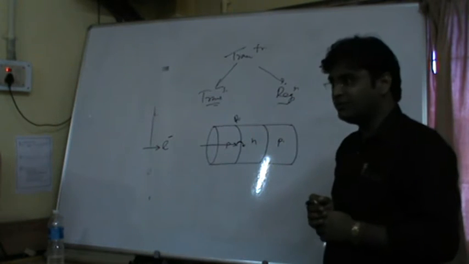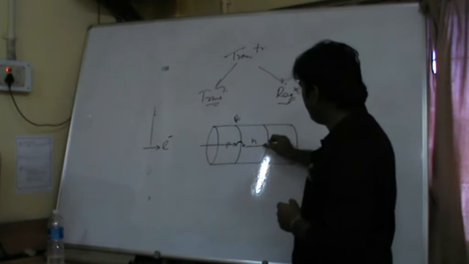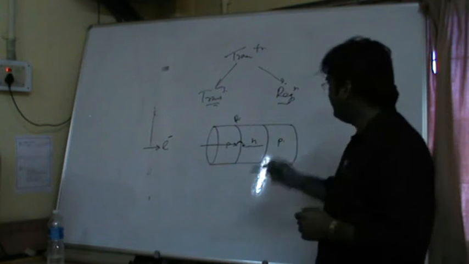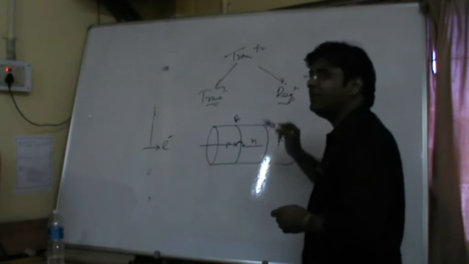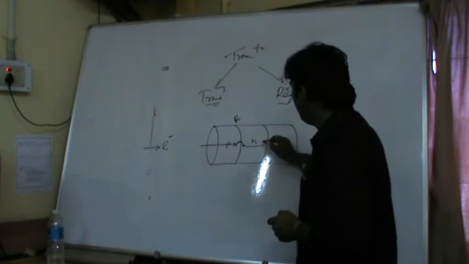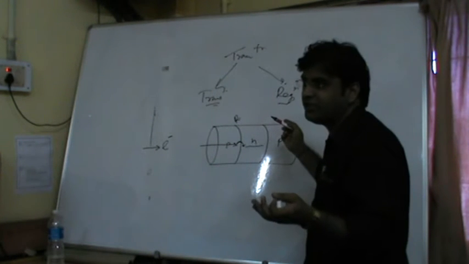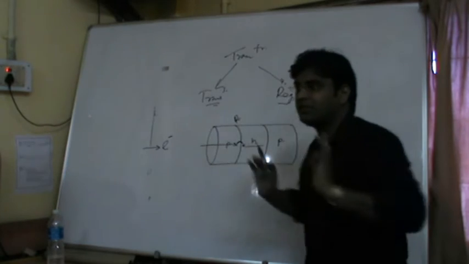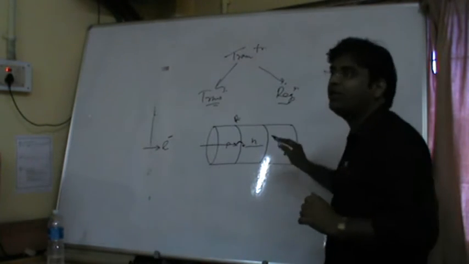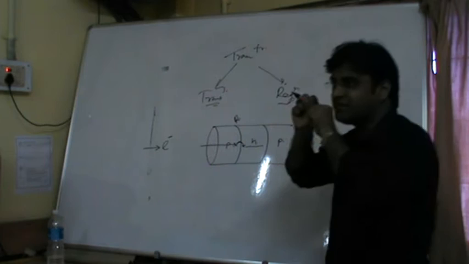Is it okay? And then it comes to this particular position, and here the majority carrier in this N-type position is electron. It wants to repel this electron, and here the majority carrier is the hole, which is accepting this electron.